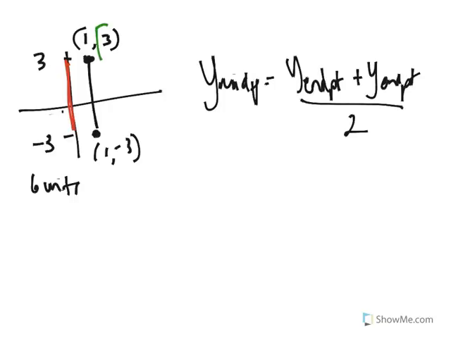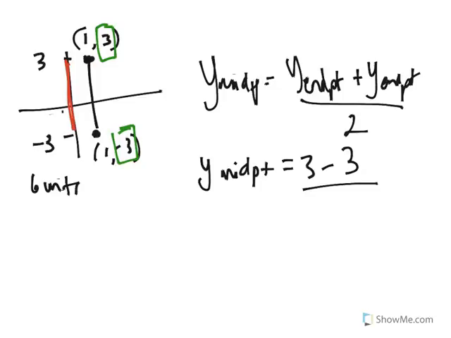Okay, so we're going to average these 2 points together. We get y midpoint is equal to 3 minus 3, you get 0. 0 divided by 2 is going to be 0.